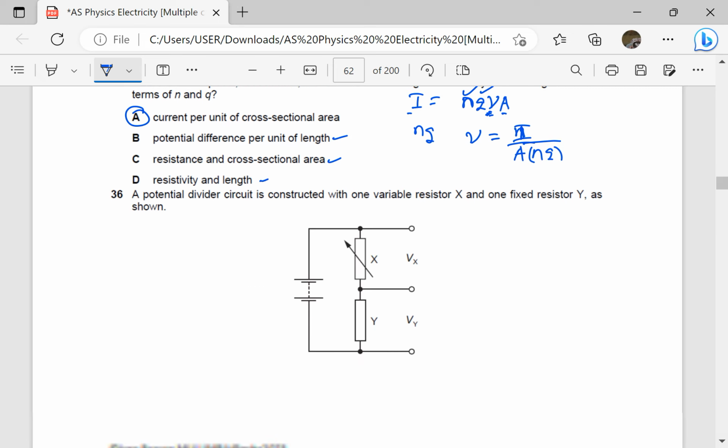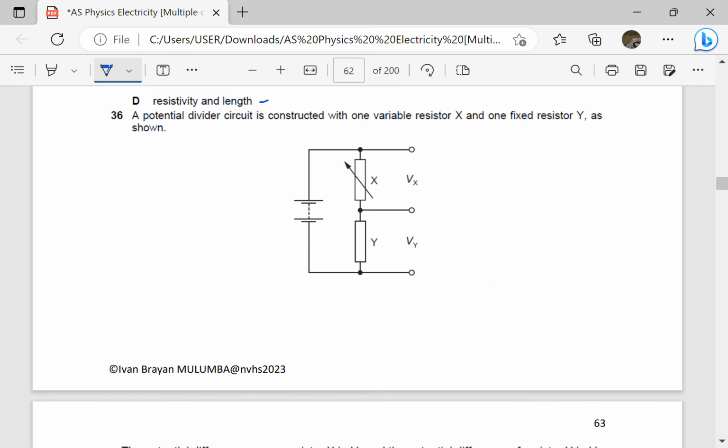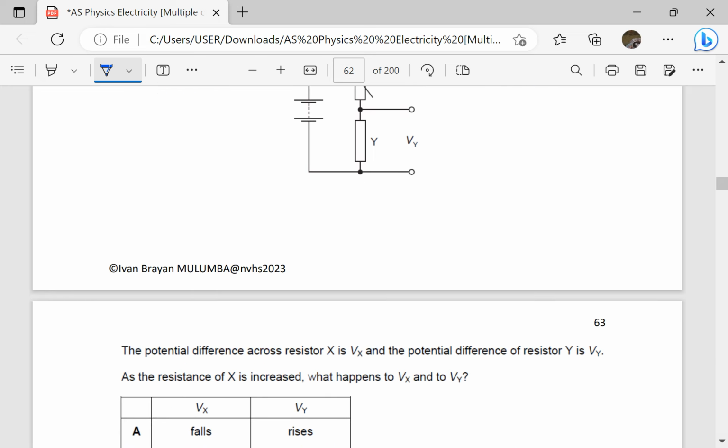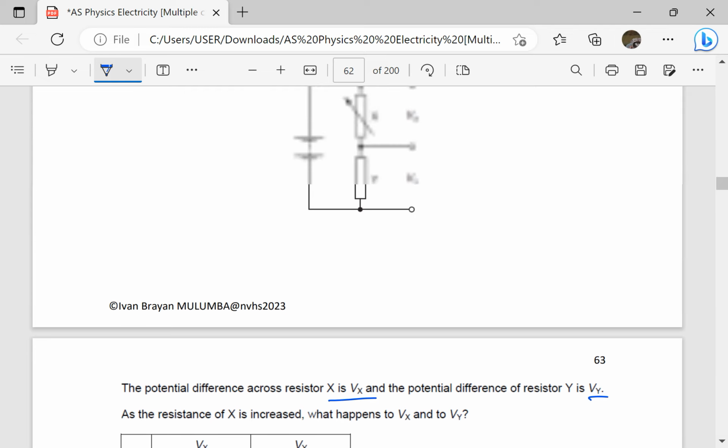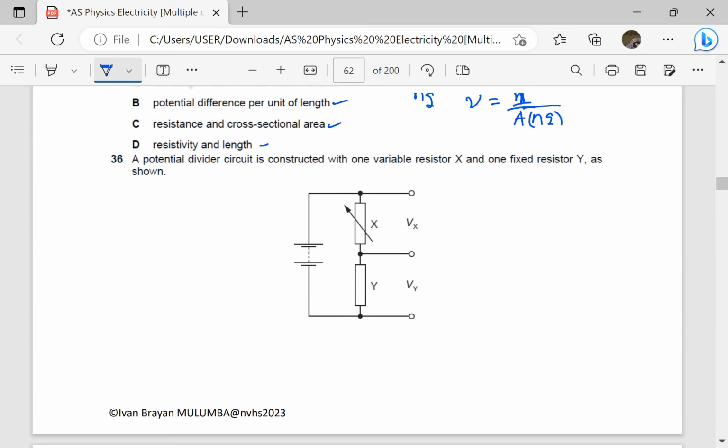A potential divider circuit is constructed with one variable resistor X and one fixed resistor Y, as shown here. The potential difference across X is Vx, and that across Y is Vy. As the resistance of X is increased, what happens to Vx and Vy? Because they're in series, it means PD across X is going to be increased.